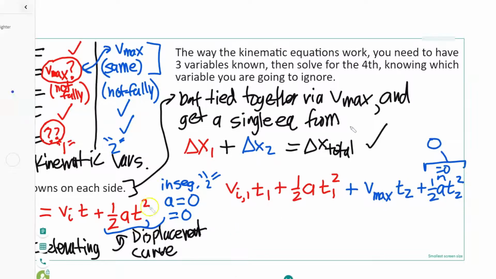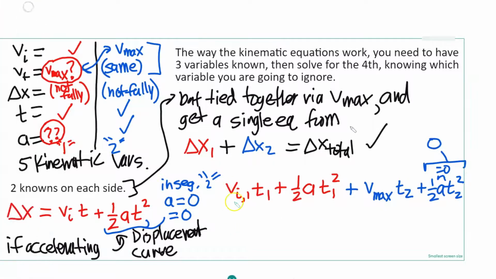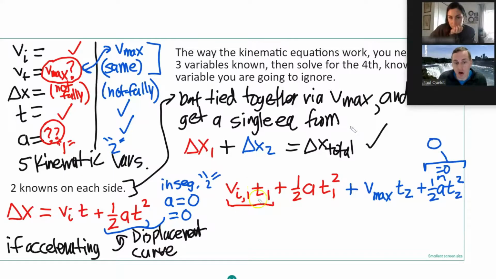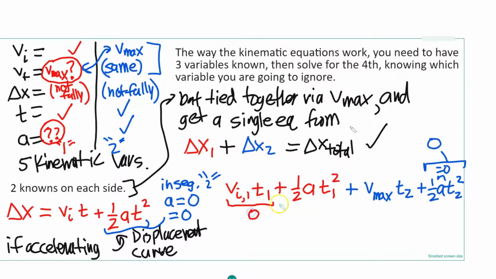Right. In fact, by the way, we can make one more simplification. What do we know about v initial here on segment 1? It's 0. Right. So one thing I also recommend is I recommend you do all the symbols at first, but if anything's 0, I also recommend you knock that out. Okay. Just makes the algebra a heck of a lot easier, right?